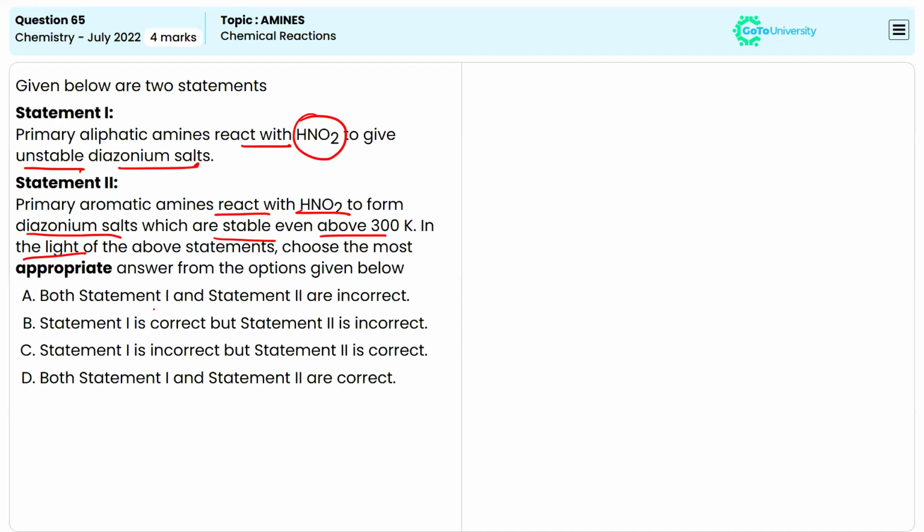So first one, first you can see when primary aliphatic amines and HNO2 react together, they will produce unstable diazonium salt.